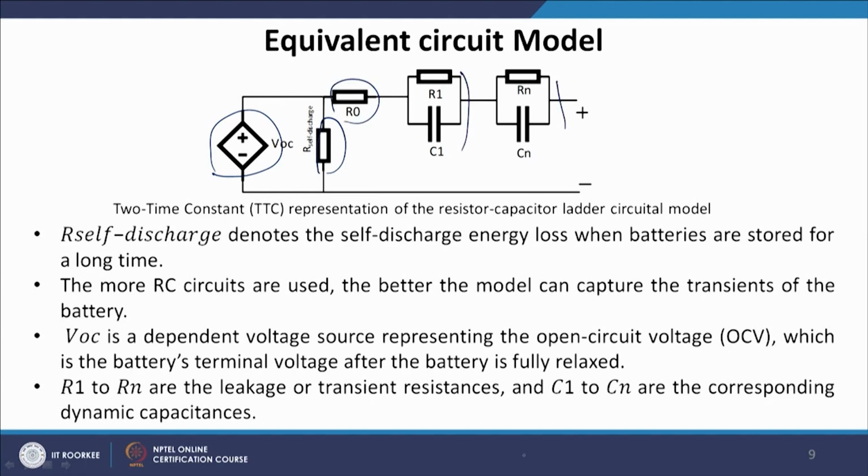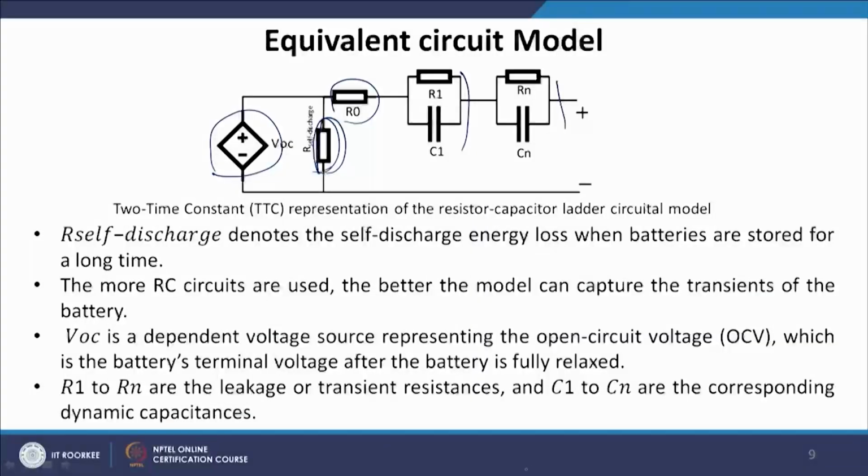So, this is the equivalent circuit model, which is quite accurate. R self discharge denotes the self discharge energy loss when batteries are stored for a very long time.